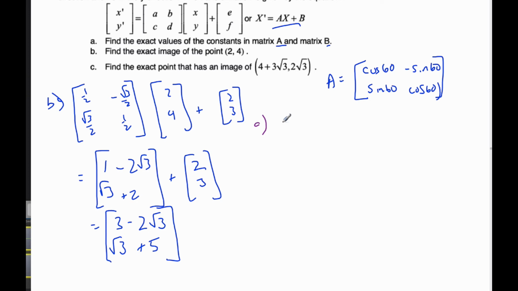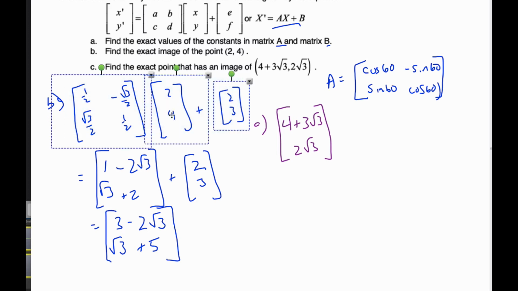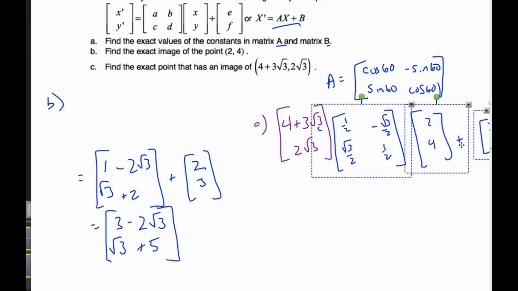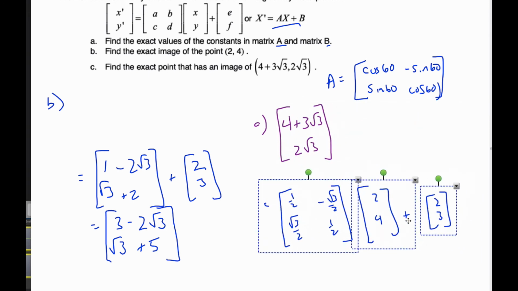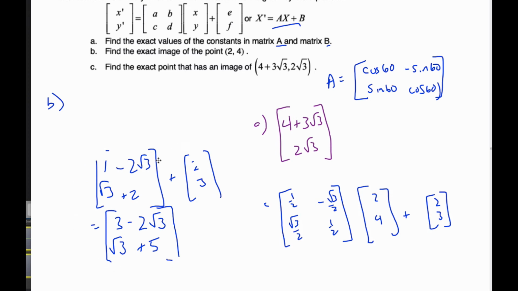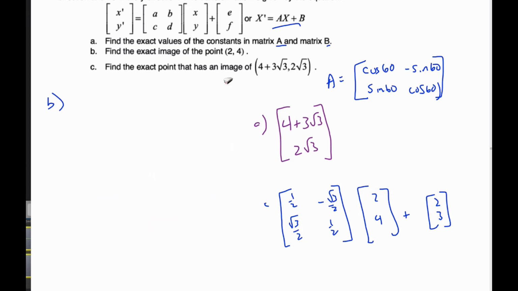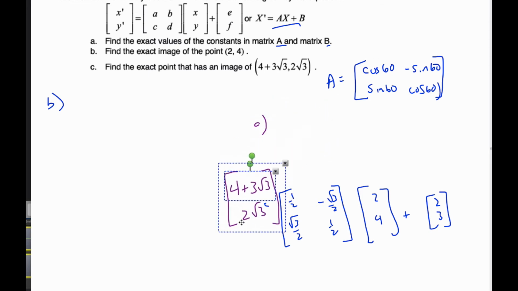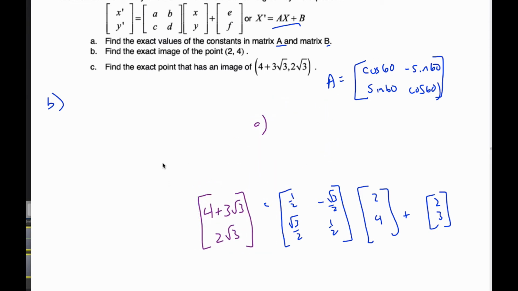And so what I'm saying is that 4 plus 3√3 and 2√3 is equal to this. This is a true statement for C part.